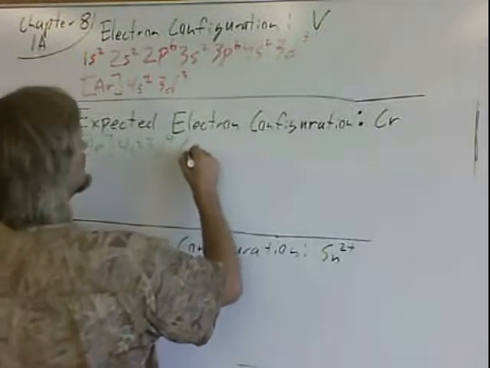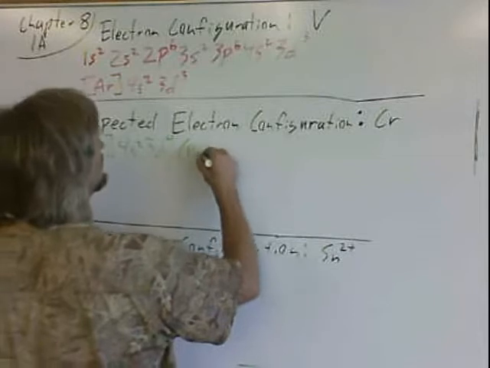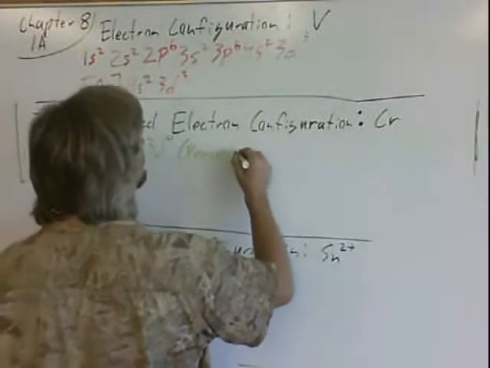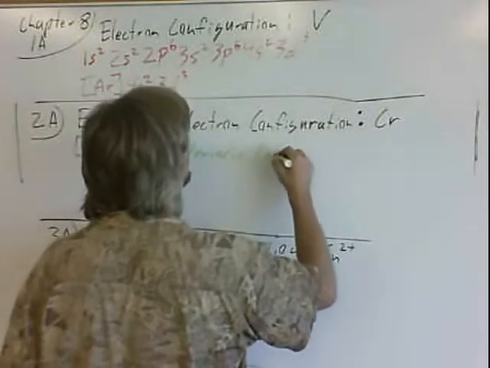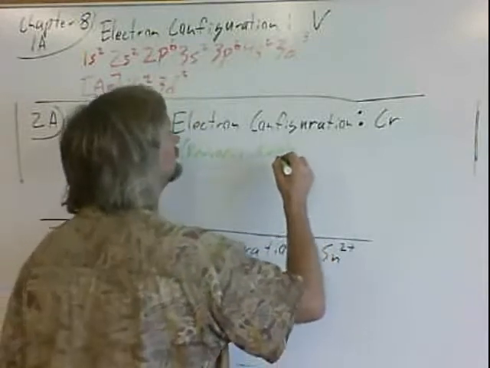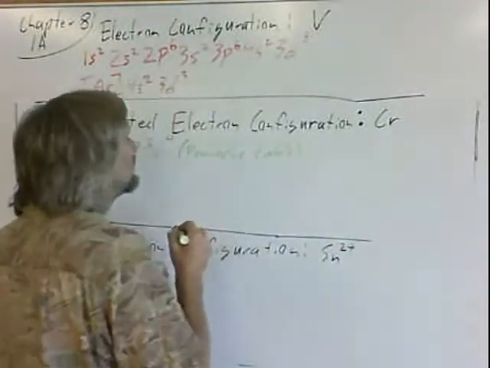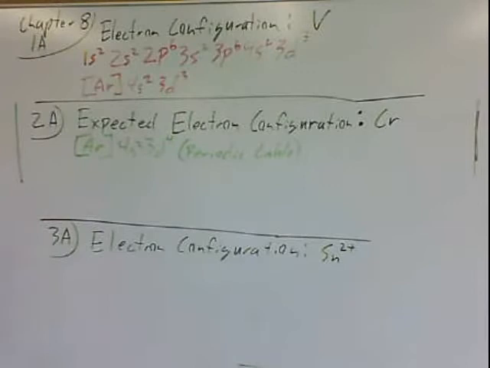Now this is the periodic table version. But that's the first level information. Second level information is that we're going to look at this and go, this is not complete.